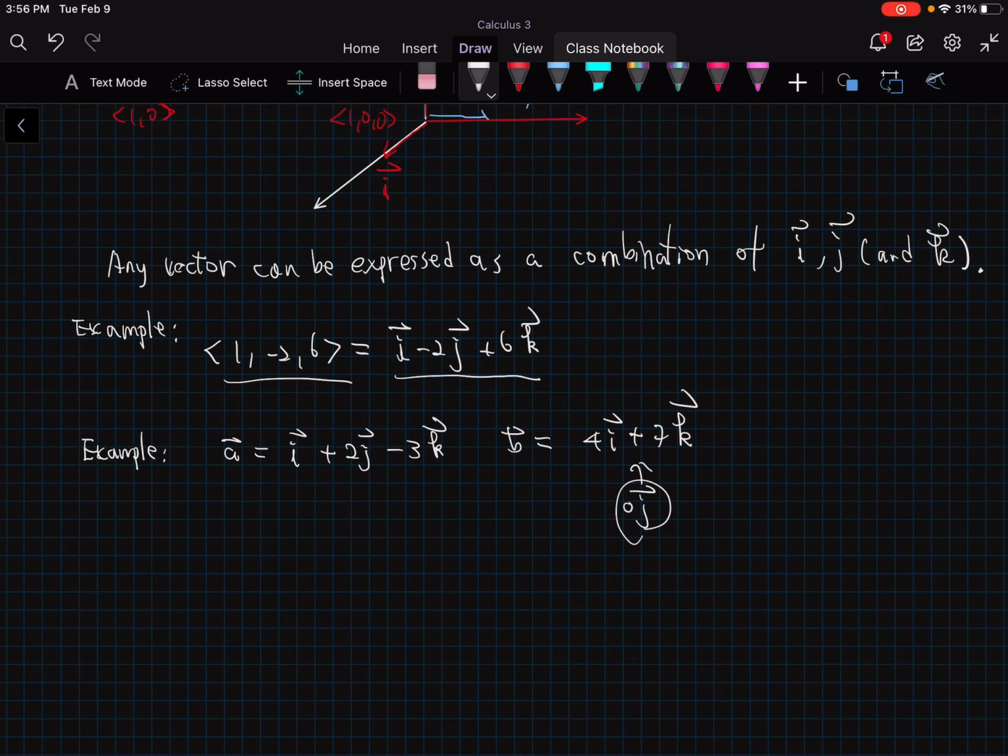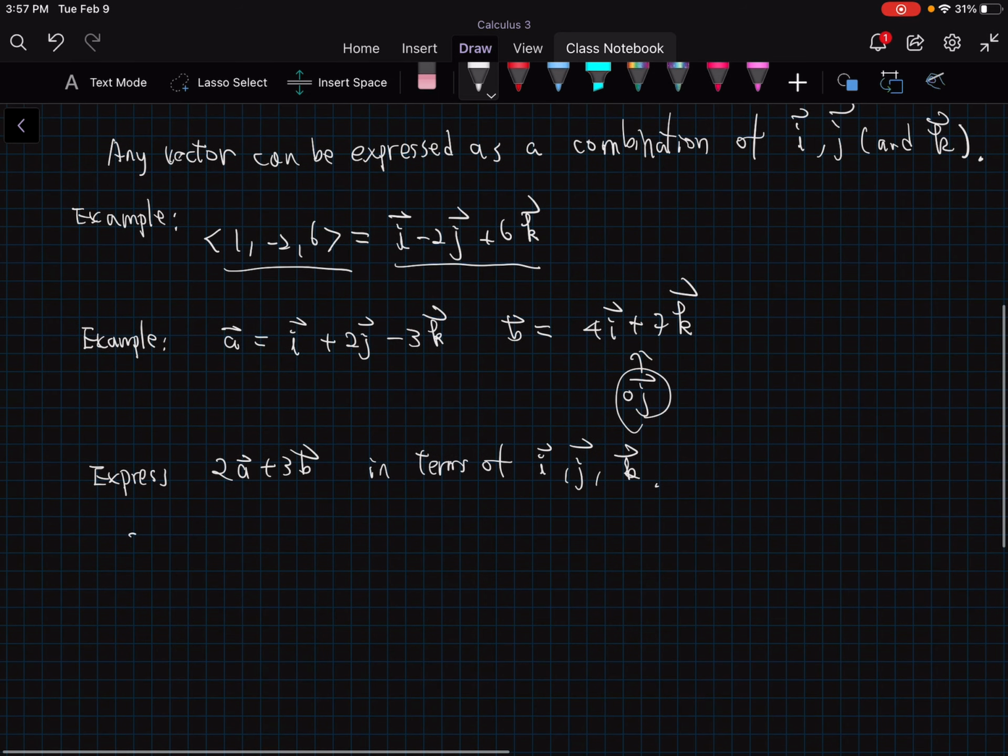So express 2a plus 3b in terms of I, J, and K.